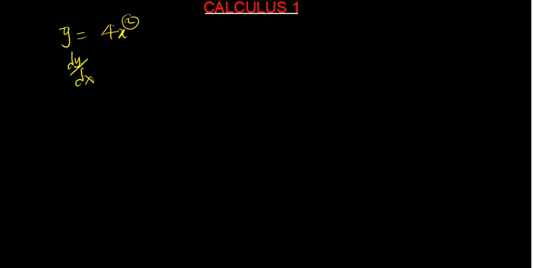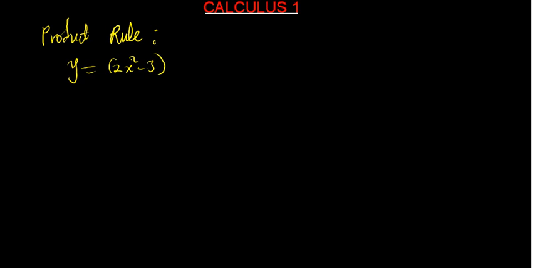So get the power, multiply with what is here, right? So that gives us 8x, and then the power reduces by 1, isn't it? So that will be 8x to the power 1, which you just write as 8x, right? So that's the basic of differentiation.